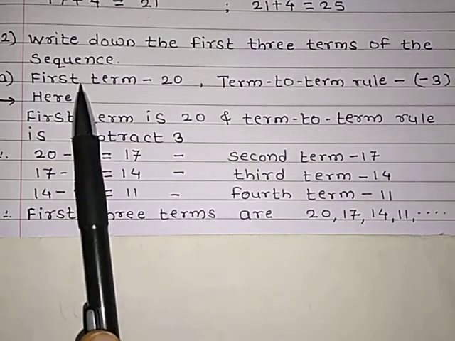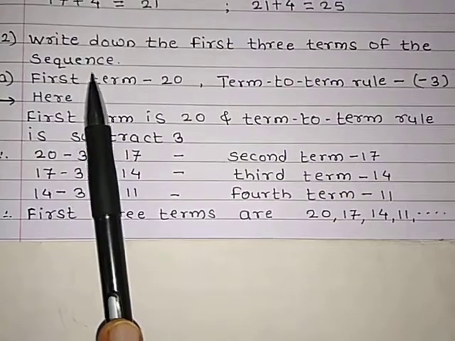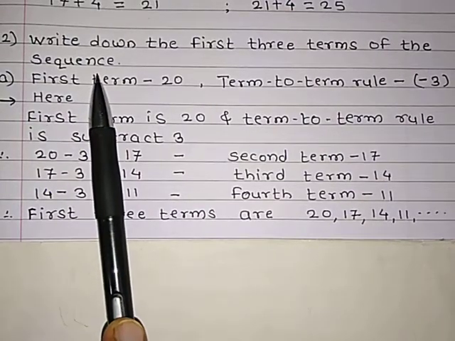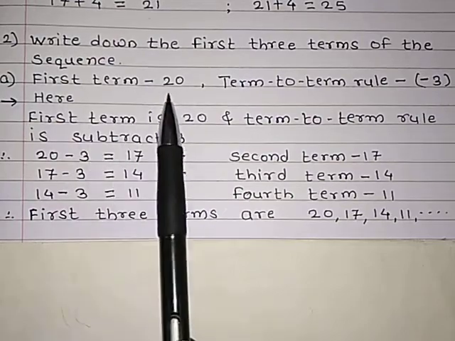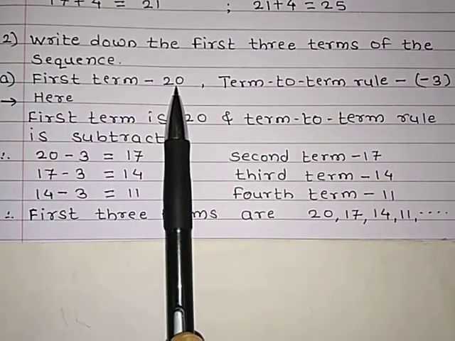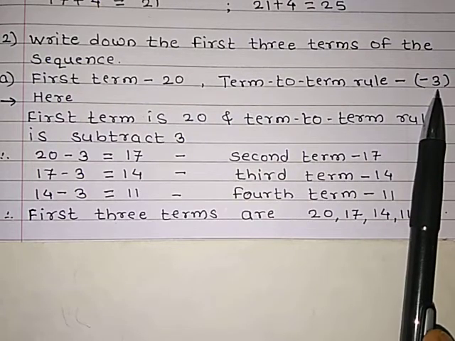See here another example: write down the first 3 terms of the sequence. Here the question gives the first term of the sequence as 20 and the term to term rule as minus 3, meaning we have to subtract 3.